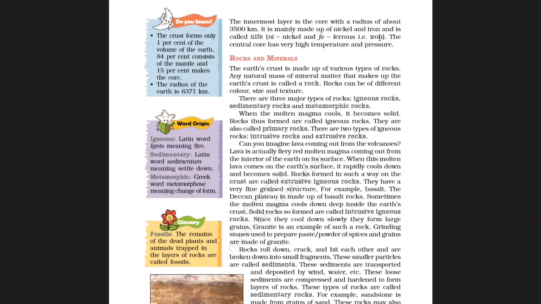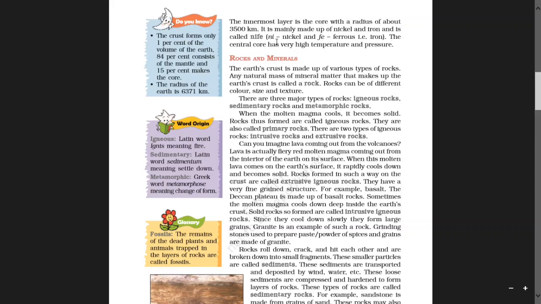Ni here means nickel, and Fe means ferrous. By combining Ni and Fe, it becomes NiFe. Ferrous means iron here, okay? Nickel and ferrous.